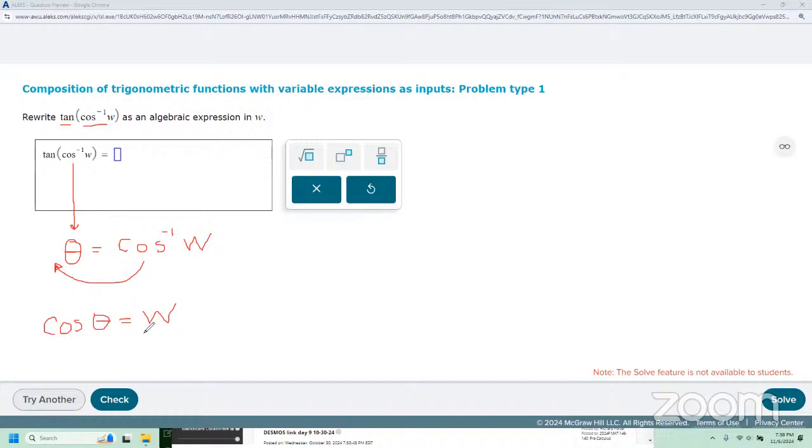Now I'm going to do something else. I'm going to write this as W over 1. Does everyone understand that W is the same as W over 1? If I take your age and divide it by 1, it's still your age, right? So why am I making it a fraction? Do you remember SOHCAHTOA?